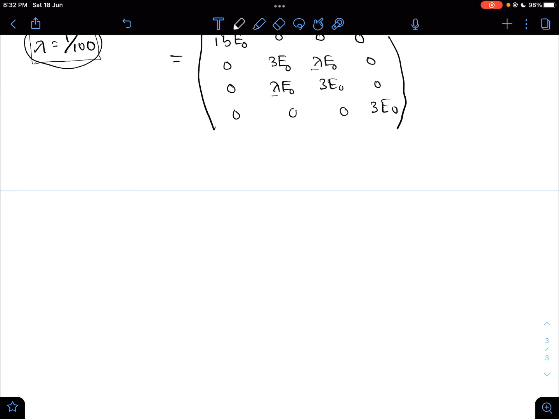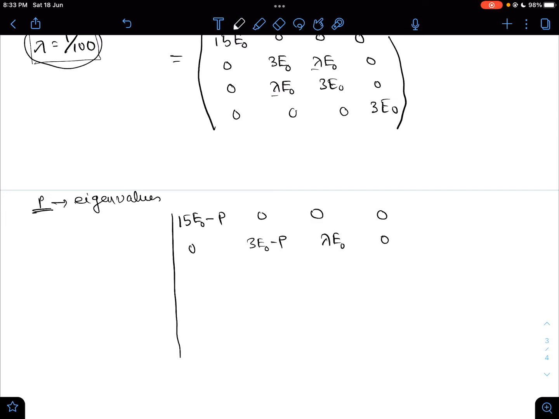For eigenvalues, let us suppose that the eigenvalue is P. Then the characteristic equation or the secular equation from which we can find the eigenvalues will be 15E0 minus P 0 0 0 0. Here we have 3E0 minus P, and here we have lambda E0 0.